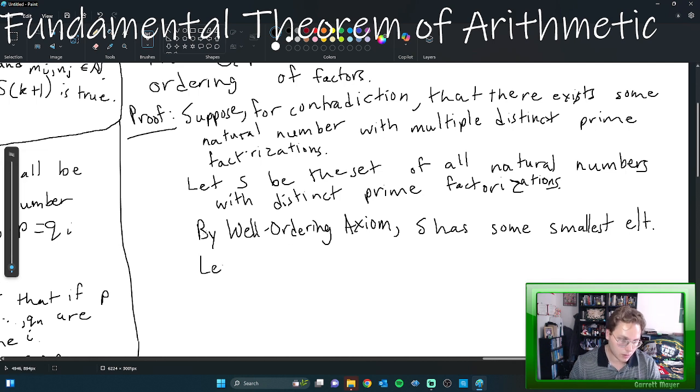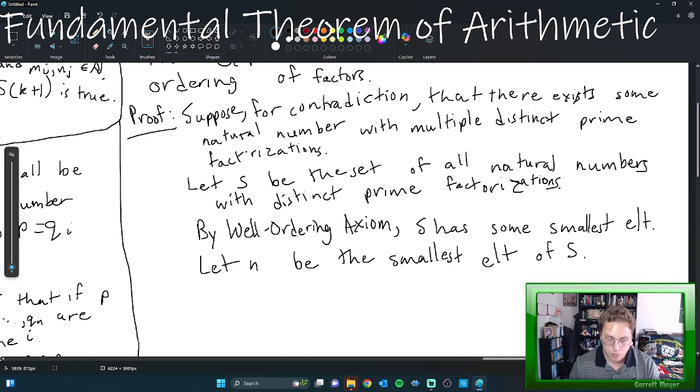Let n be the smallest element of S. Thus what we have is two distinct prime factorizations of the smallest element n.